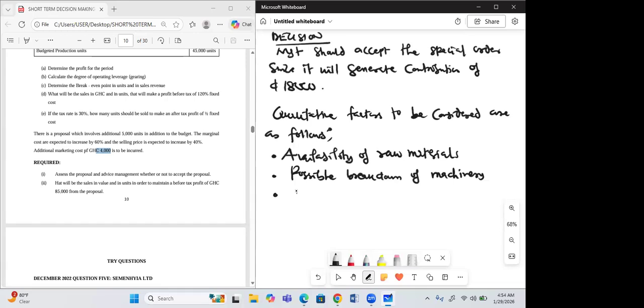Whether they will start showing a lukewarm attitude. Some labor are there, you are paying them, and they are working below the production target. But the moment you increase production, because they were working below capacity, maybe you used to close them at 3 o'clock. Now that there's extra work and you are closing them at 4 o'clock, they will start showing a lukewarm attitude.